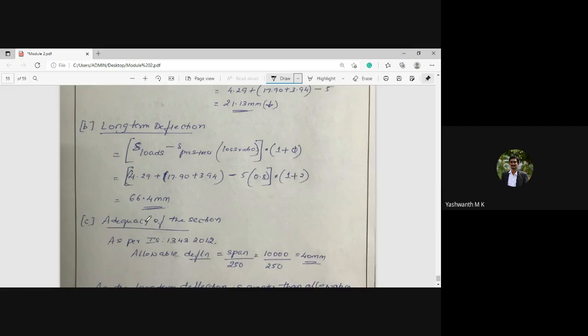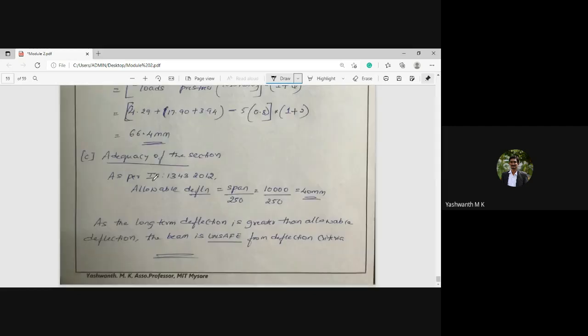So now I'm checking for long-term deflection. As per IS 1343:2012, allowable or permissible deflection is equal to span by 250. This formula holds good by considering the effect of creep and shrinkage. So that is 10,000 divided by 250, which is 40 millimeter. So please observe now.